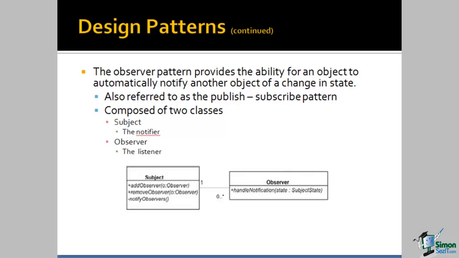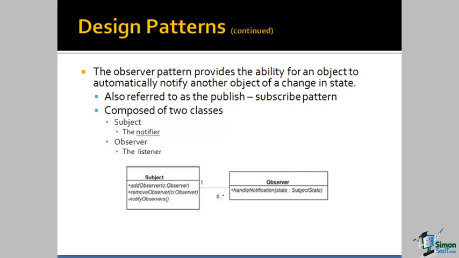And as their name suggests, these methods manage the observers or subscribers who are interested in the subject's change of state. The subject also contains a private notify observers method, and this method is responsible for sending notification of some change of state to all of the observers that have registered with the object.